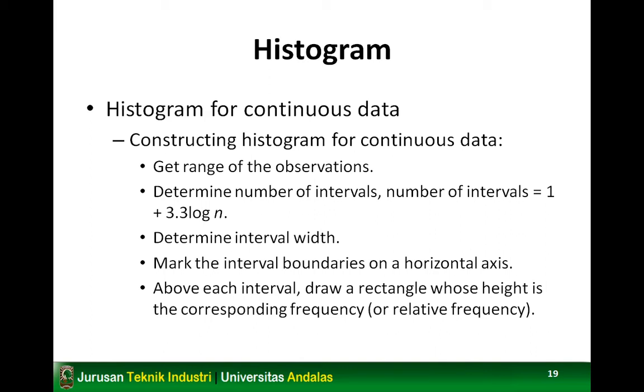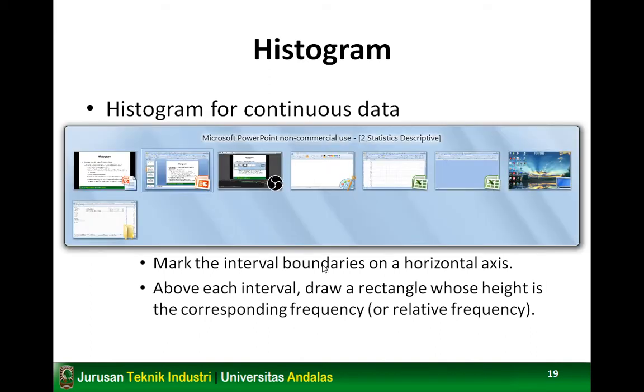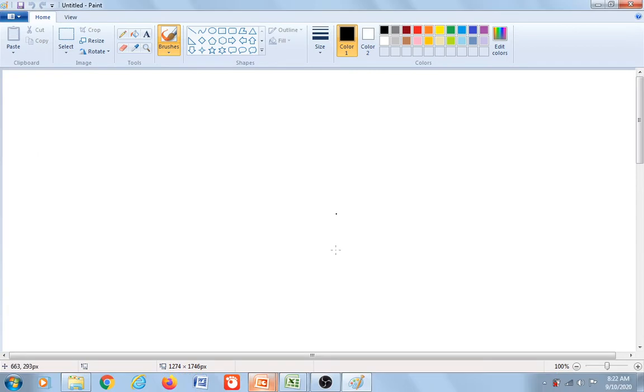So a histogram is something like this. It has a vertical axis and it has a horizontal axis. The vertical axis is the frequency.